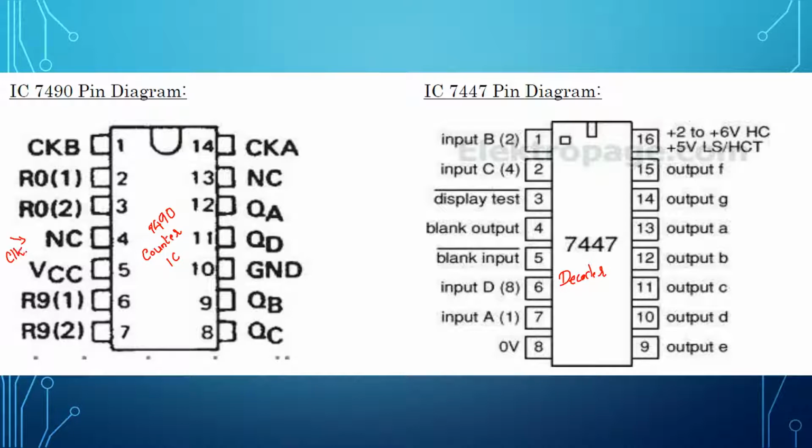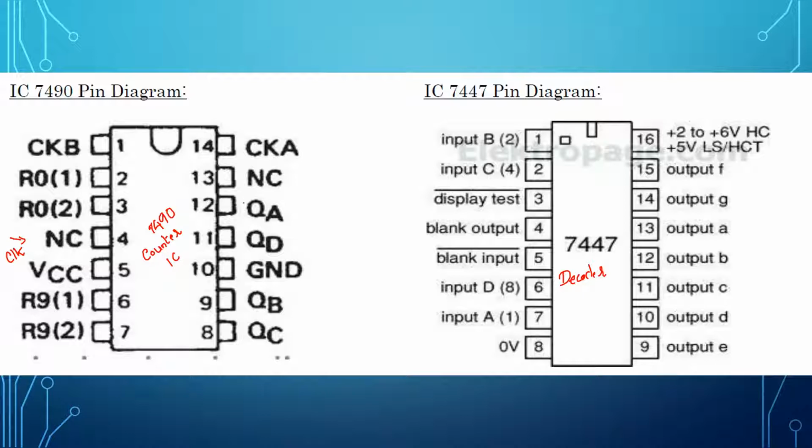Based on the clock input and the way in which it has been designed, your 7490 will be giving you the counts in terms of binary numbers. These binary counts will be given to the decoder IC. This decoder IC will convert them into the respective decimal number, and the decimal output will be given to the 7-segment display, and the 7-segment will be displaying the number as such.